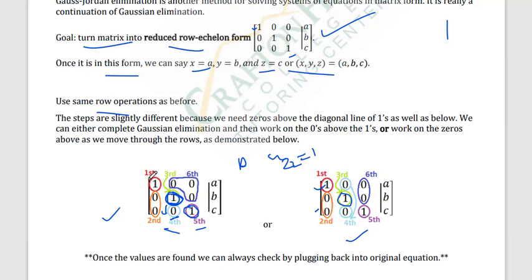So here you can see that they first make all the diagonal elements 1. First they take the first value and transform it into 1 with 0 below. Then the second row operation: transform it into 1 with 0 below. Then the diagonal element 3 is transformed into 1. This is the first method.